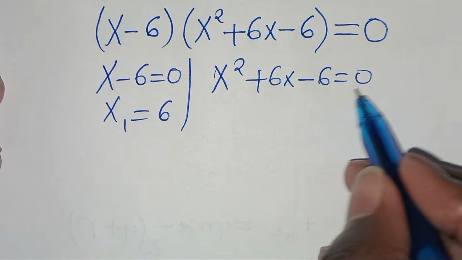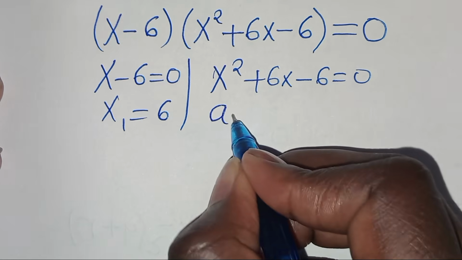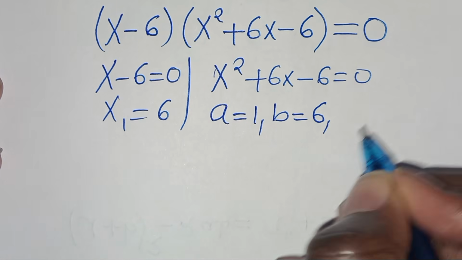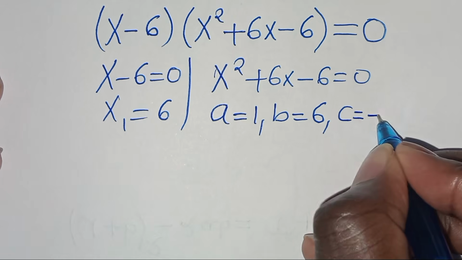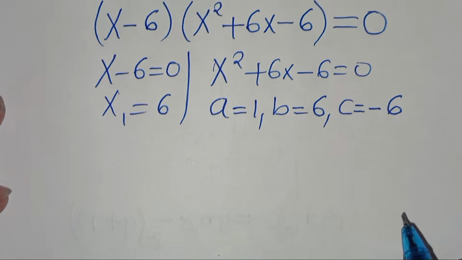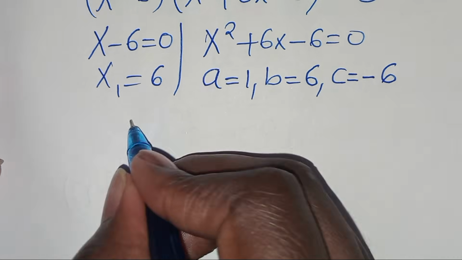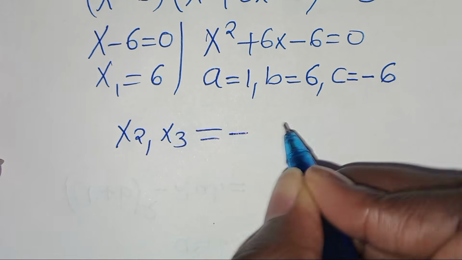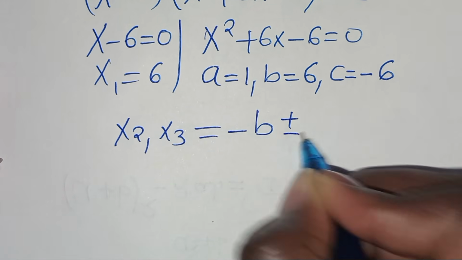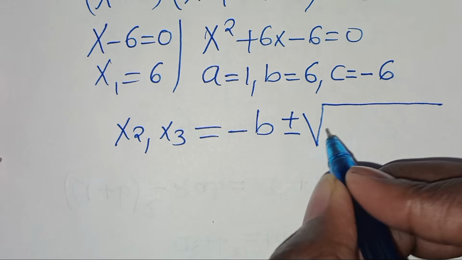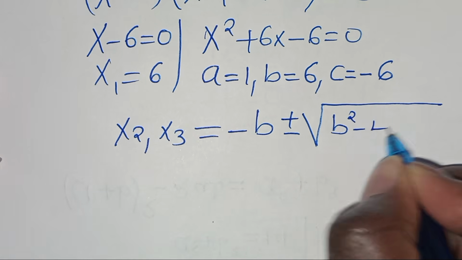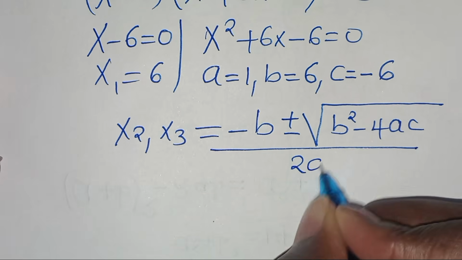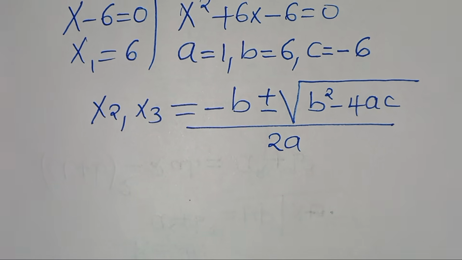For the quadratic equation, we have a is equal to 1, b is equal to 6, and c is equal to minus 6. So we can solve for x2, x3 by applying the quadratic formula, which is minus b plus or minus the square root of b squared minus 4ac, everything divided by 2 times a.